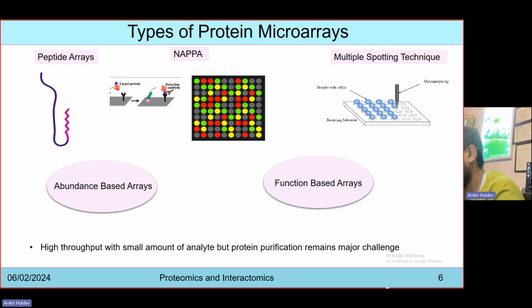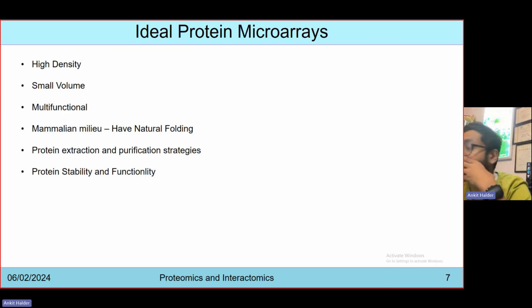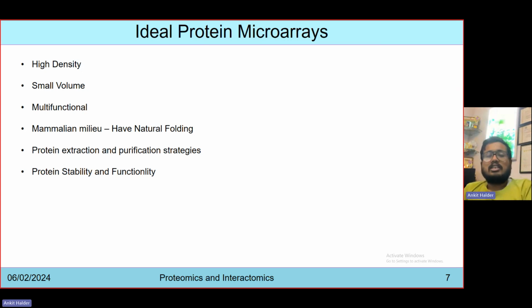This is the major advantage of these microarray technologies: they are high throughput and need a small amount of analyte, but the analyte means your biological sample, and protein purification remains a major challenge. Okay, so hopefully there are no questions till now.